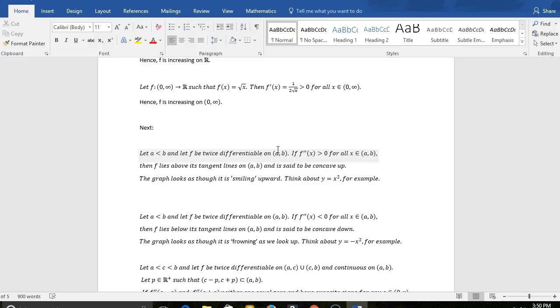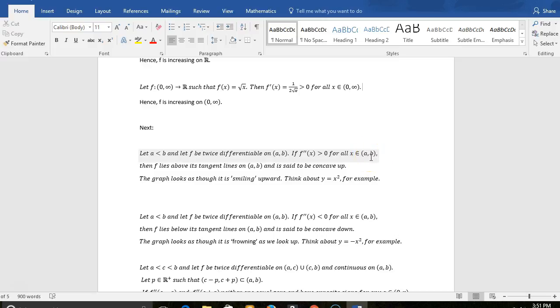Consider the special case where a is negative infinity and b is positive infinity. Well, if we allow a to be, let's just say, a negative billion and b a positive billion, and let's say that f of x equals x squared, then f double prime of x will be 2, which is, of course, greater than 0, for all x in negative billion to positive billion.